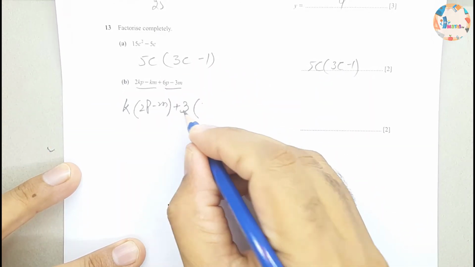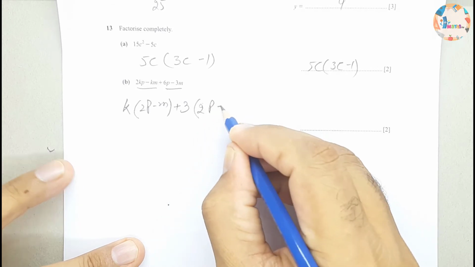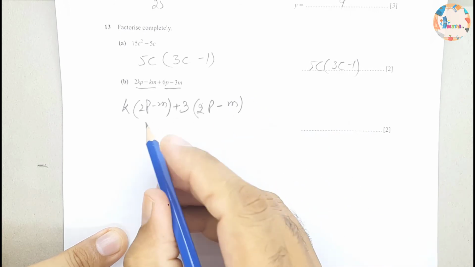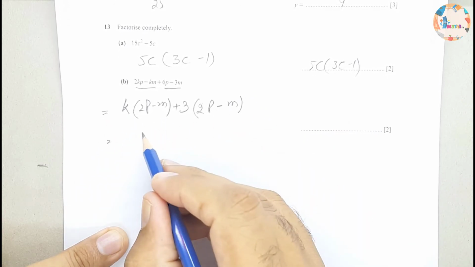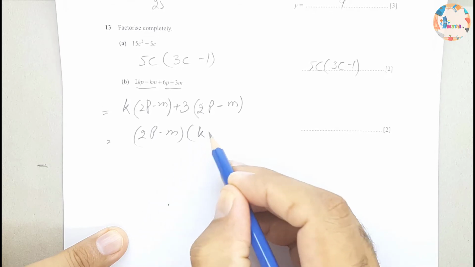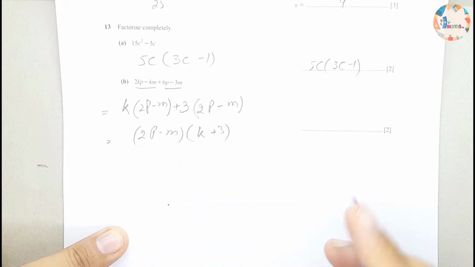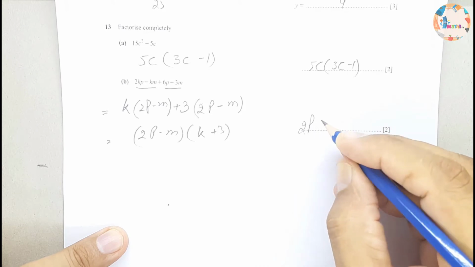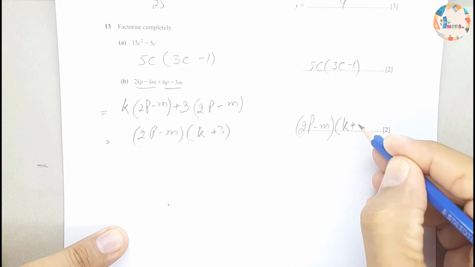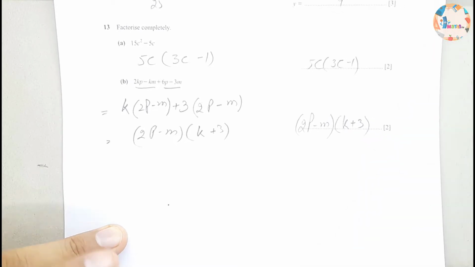Now we can write this as this one into k plus 3. So this will be our answer, 2p minus m into k plus 3. That will be our final answer.